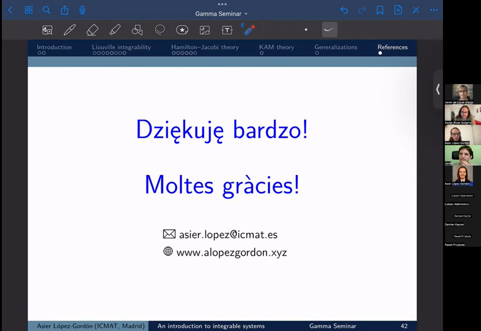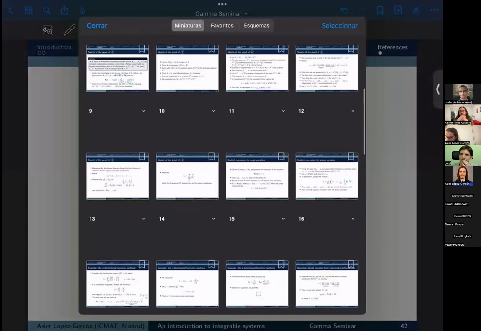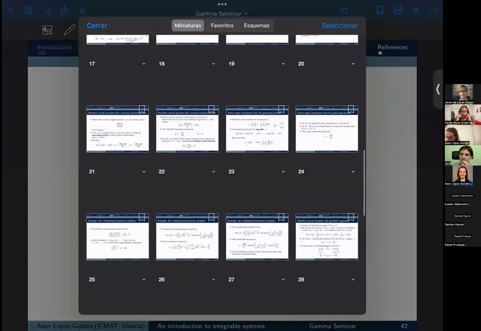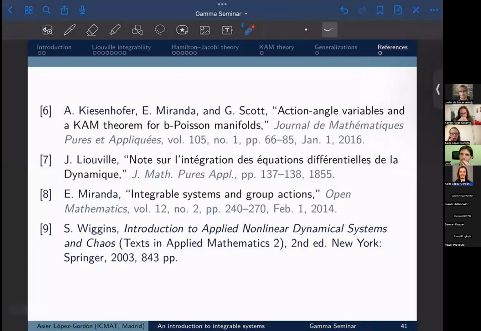I have a question related to this Liouville theorem. I was reading recently this paper, some comments about history, theory and applications of symplectic reduction.